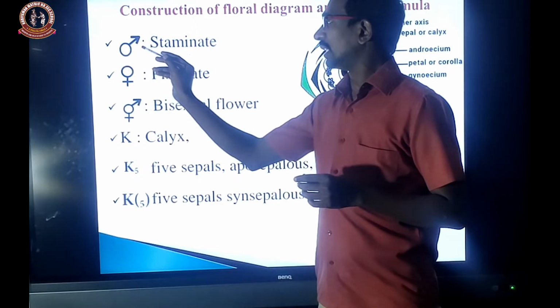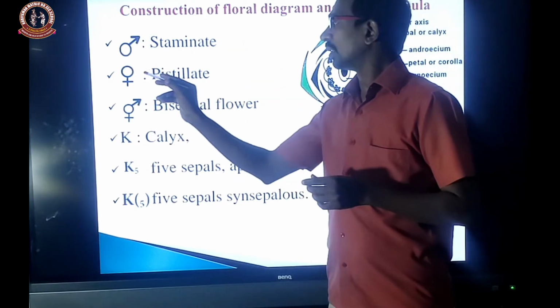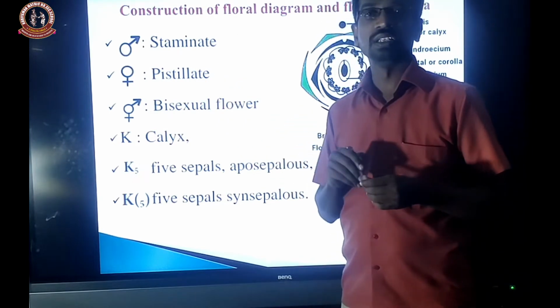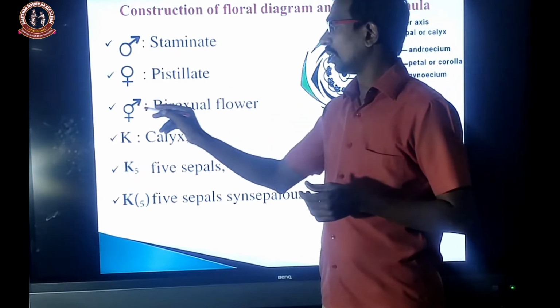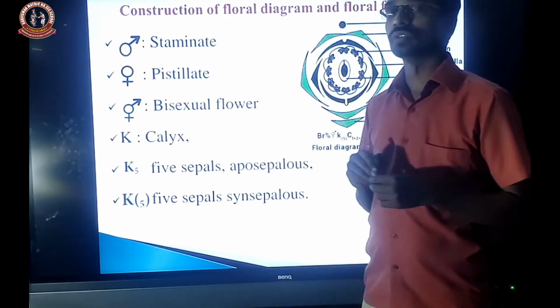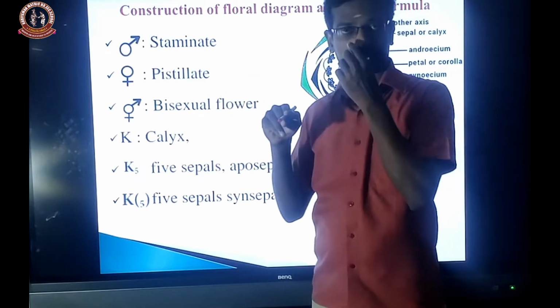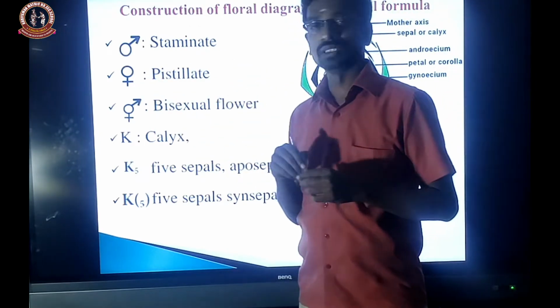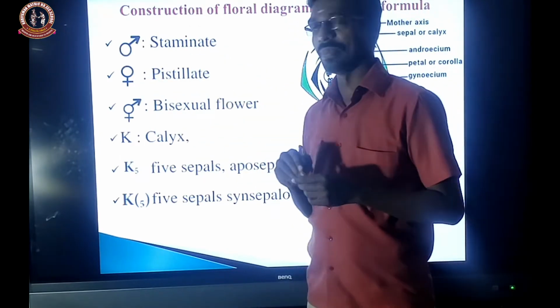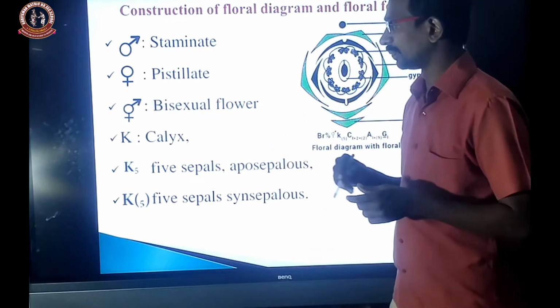This symbol mentions the staminate, a male flower. This symbol is pistillate, a female flower. When both male and female are present, that is a bisexual flower. The arrow symbol represents staminate and the plus symbol represents pistillate.